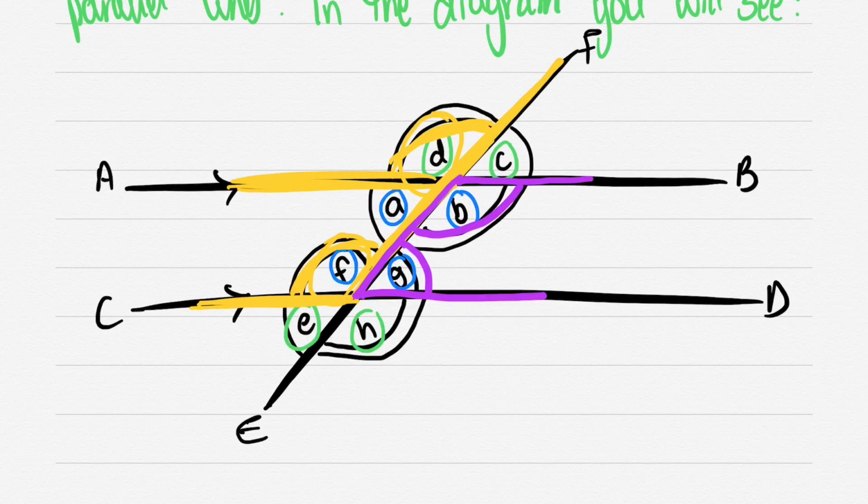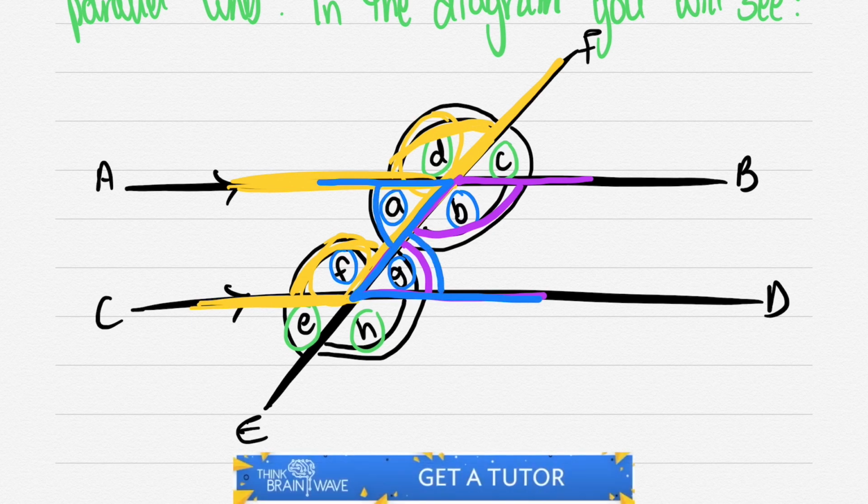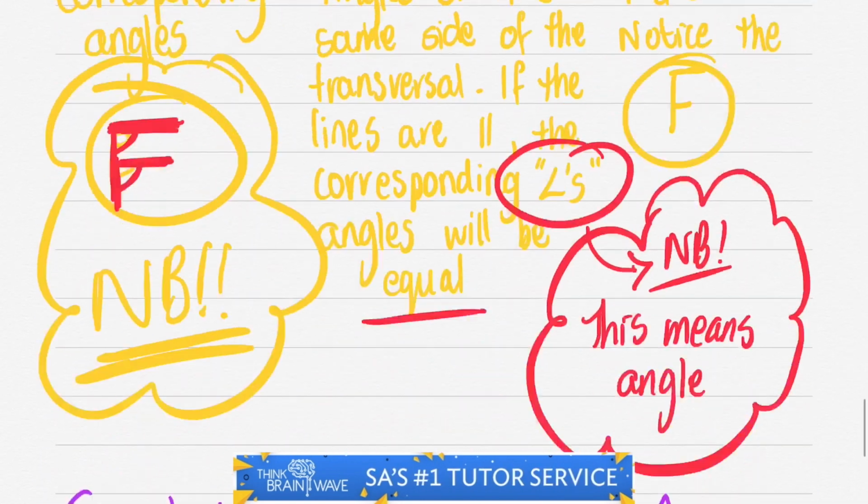Back to our diagram, we can see that the angle A and the angle G are in fact equal, as they are alternate angles. And there's our Z shape that we discussed earlier. A and G are equal. They share the same transversal. They are interior angles. They're acute.